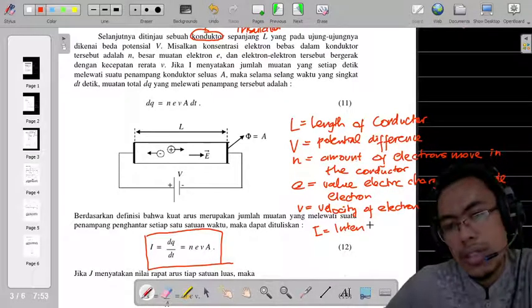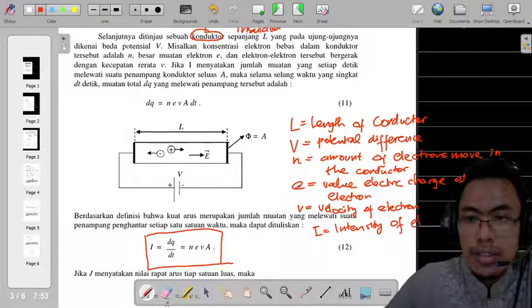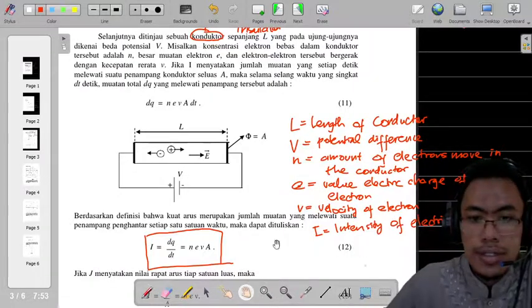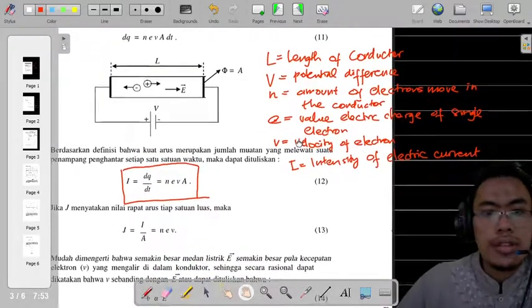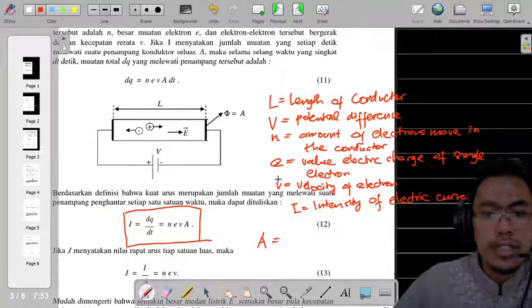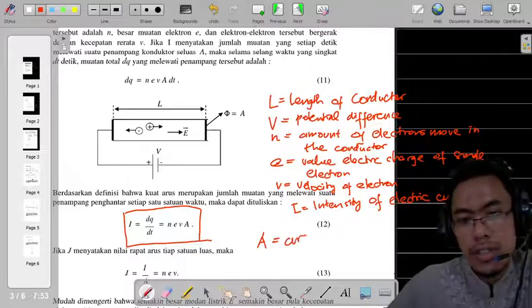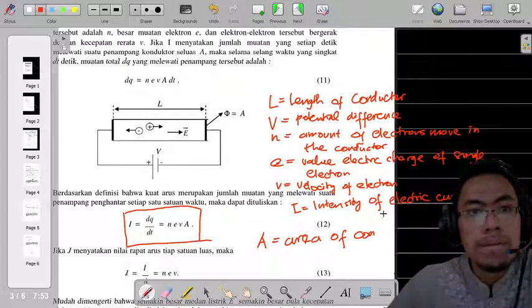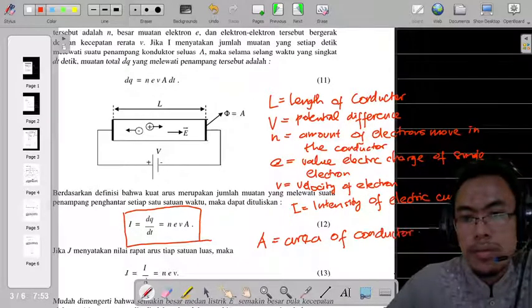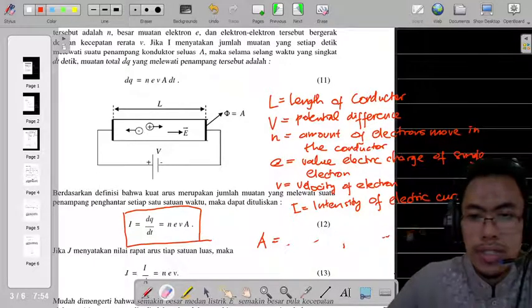And A is the area of the conductor, the cross area, not only area, but cross area.